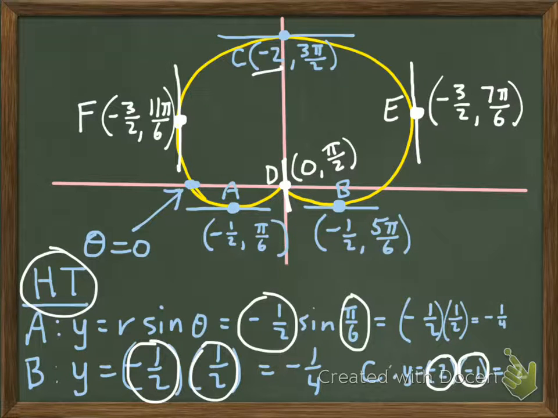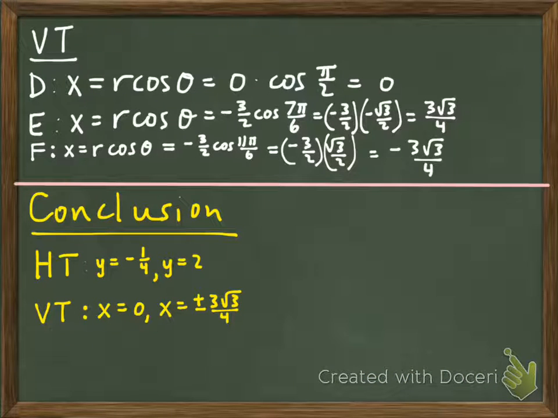On the next slide we see what we have when we plug the r and the theta into r cosine theta to find the equations for x. Because x equals r cosine theta, we have the actual equation of each of these vertical tangent lines to the graph, and they're all unique.